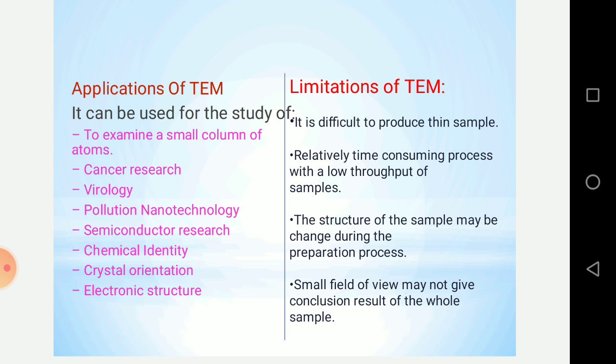So when we observe that structure, it's possible that we will not observe the actual structure of that specimen, because while preparing, the structure might get changed, and that changed structure we will observe under the transmission electron microscope.